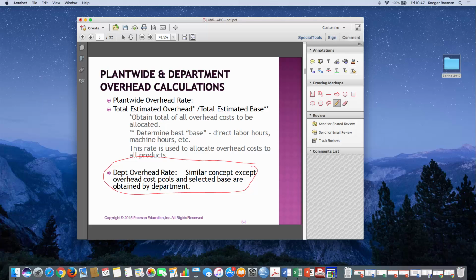So, for example, you could have an assembly department and a machining department, and you could divide one by machine hours, maybe one by labor hours, and that would certainly be realistic and could be a fairly accurate way of measuring the cost. But again, it would be an intermediate stage between the so-called peanut butter approach and activity-based costing.